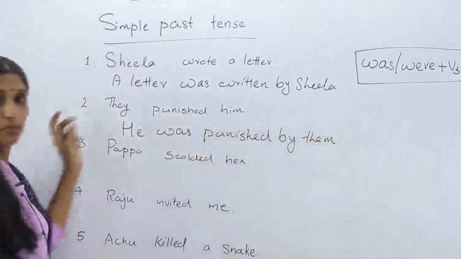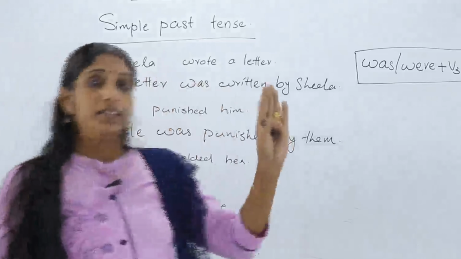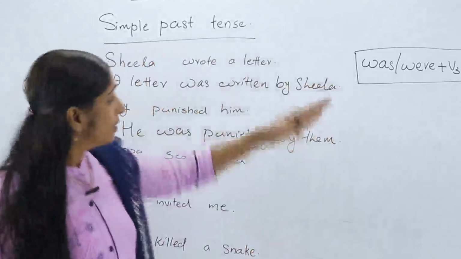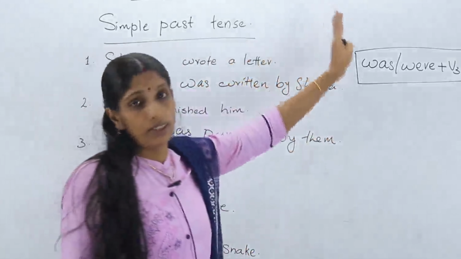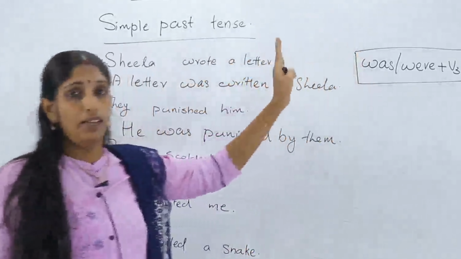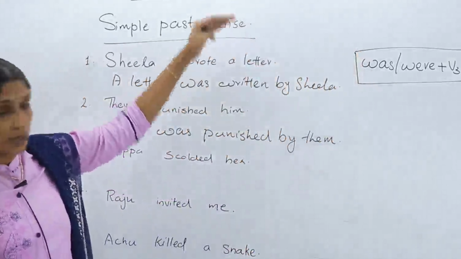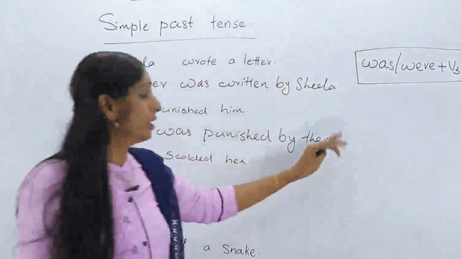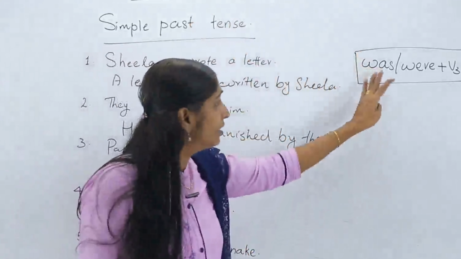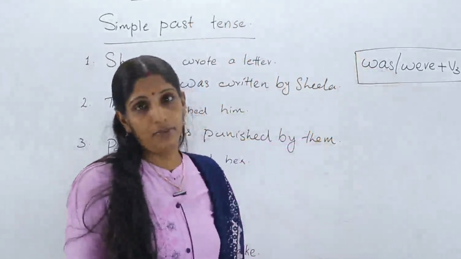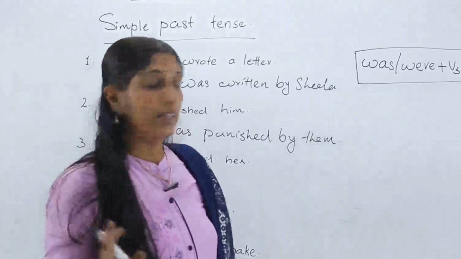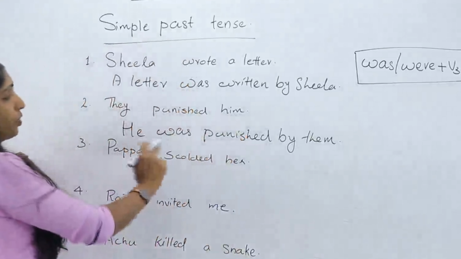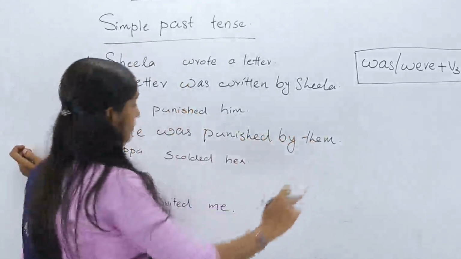Okay? Very simple. Once we learned the changes in present tense, the same way we have to apply here also, but only the changes in the auxiliary verbs. Keep it in your mind and do it. They punished him. He was punished by them.